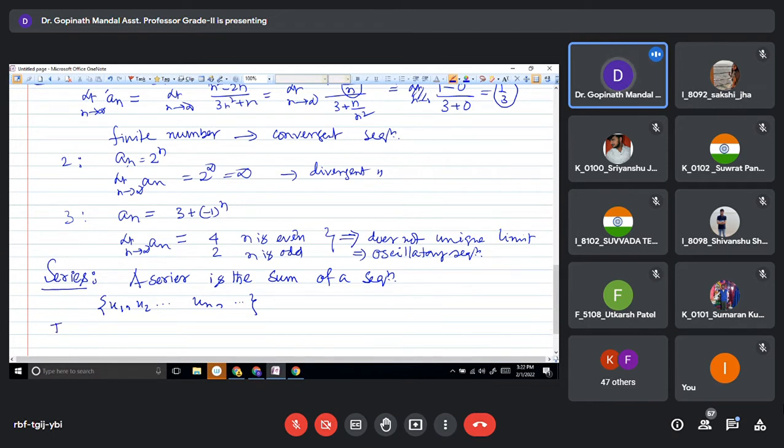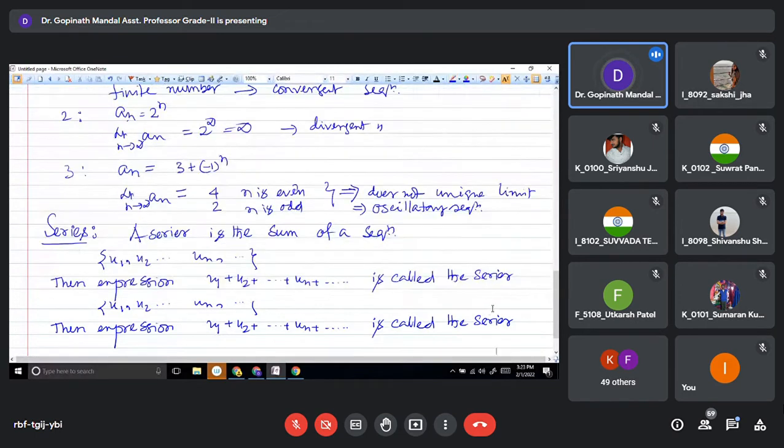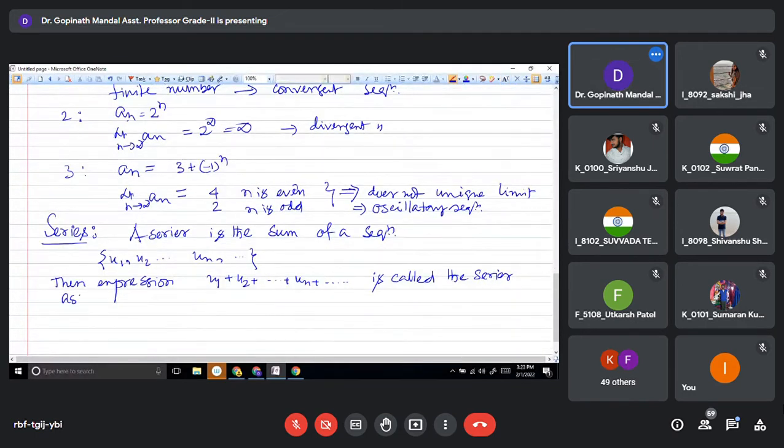Then the expression u1 + u2 + ... + un + ... is called the series associated with the given sequence.